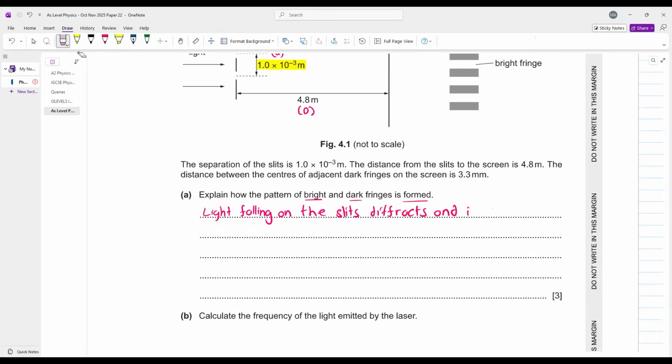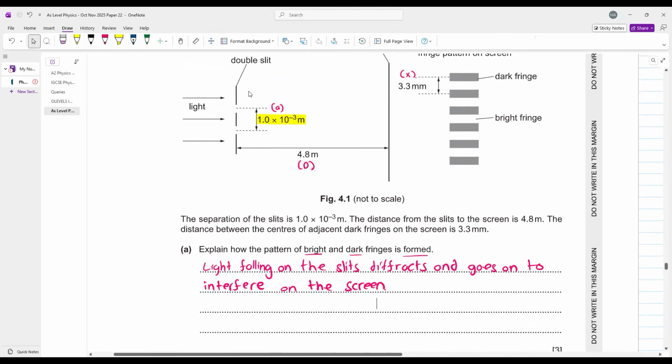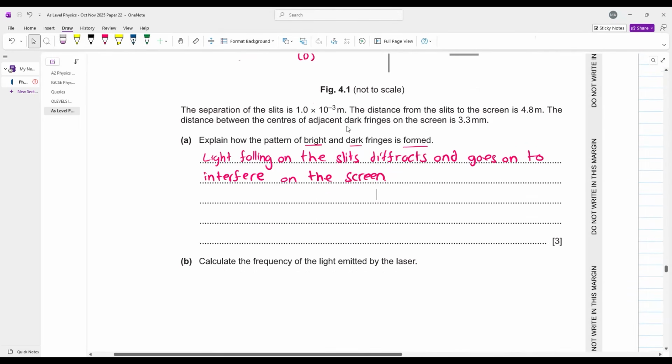Light falling on the slits diffracts and goes on to interfere on the screen. बेटा हो क्या रहा है? लाइट जो है वो स्लिट्स पे हिट कर रही है, it diffracts and interferes on the screen. What will you further say?